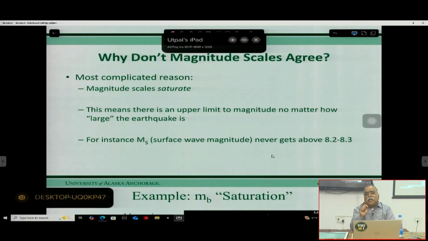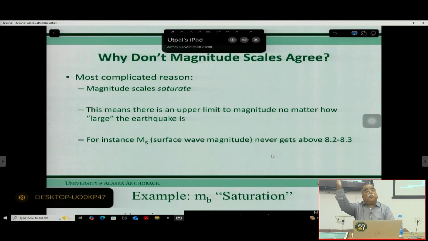So if you see a magnitude value of 6.5, you should have a doubt about it, because it might be a bigger earthquake, but the body wave will still give you 6.6. So if you see 6.6, you need to check the MS scale values, because it will not reflect the actual size.